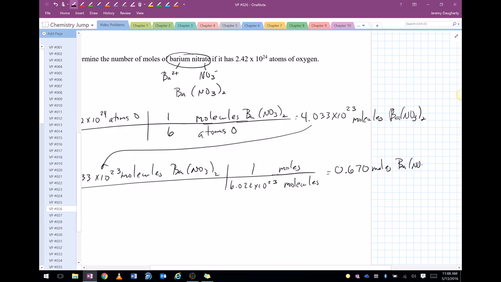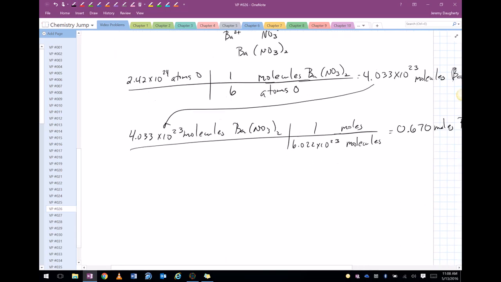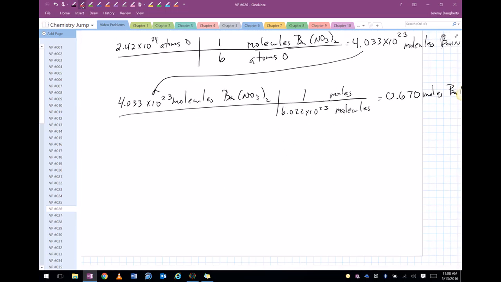Now that's not the only way to do the problem. Let me show you another way to do this problem. Let's see. So another way to do this problem would be, we're still going to start, I'm going to do this in red. We're still going to start with our atoms of oxygen, so 2.42 times 10 to the 24th atoms of oxygen, right?